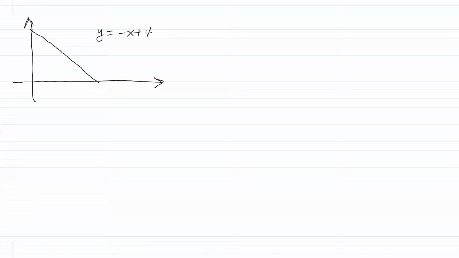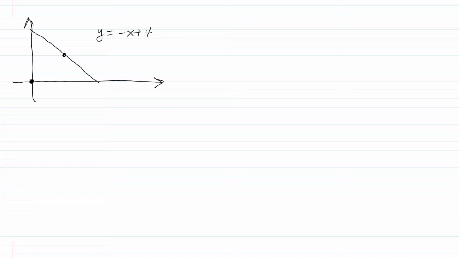So we're going to find a point on the line y equals negative x plus 4 and match that versus the origin. So we want to find what point on this line somewhere will give us the minimum distance between the line y equals negative x plus 4 and the origin.